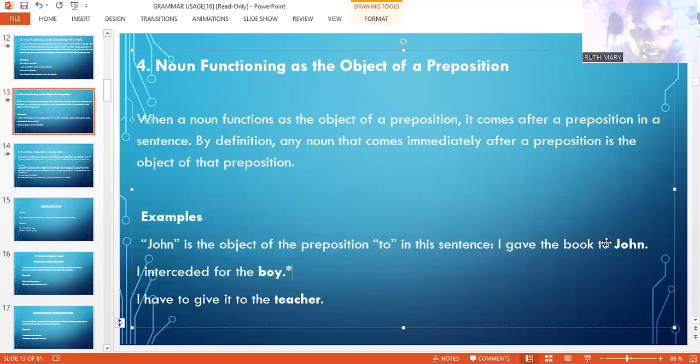Then I interceded for the boy. I have to give it to the teacher.